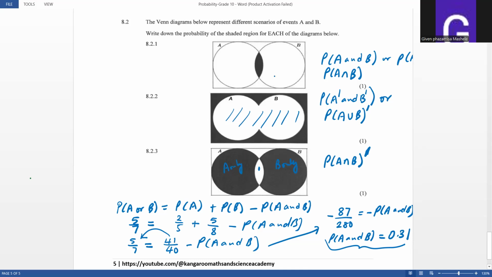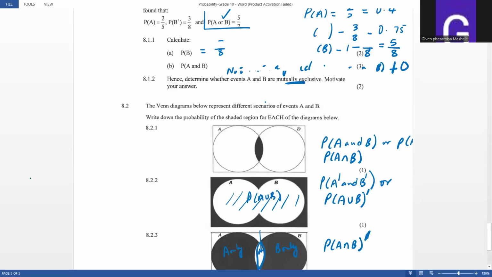Remember, this is A and B, so anything that is not here is (A and B) not. Same applies to this. This white part is A or B, so the other side is (A or B) not. So we can also represent it in that way.